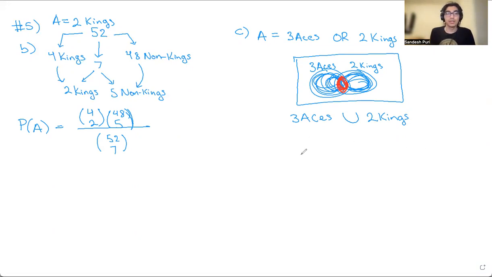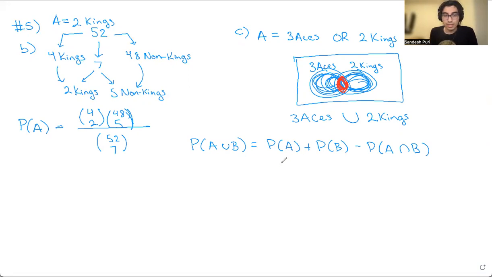Okay. So for the union, recall the formula that the probability of A union B equals the probability of A plus the probability of B minus the probability of A intersection B. Now, the probability of A corresponds to the probability of getting exactly 3 aces.